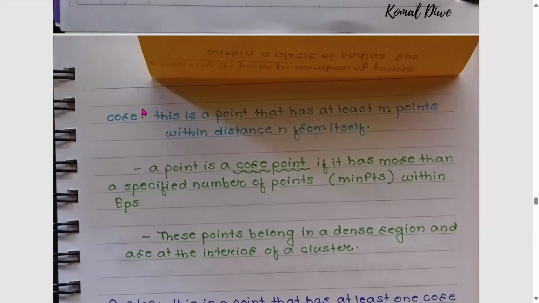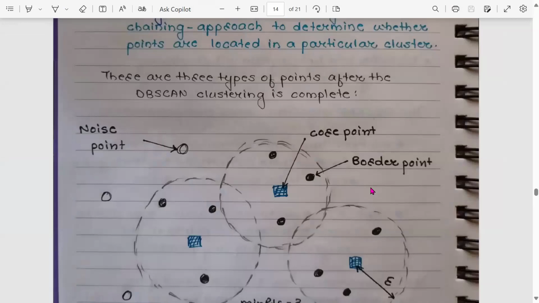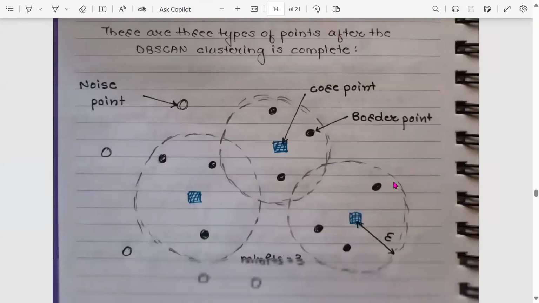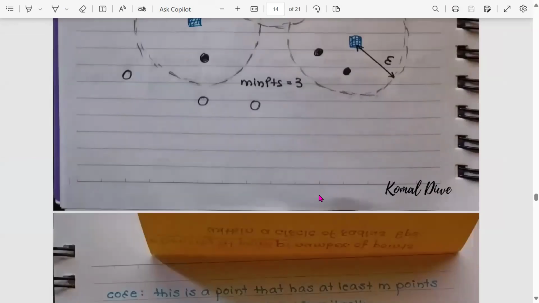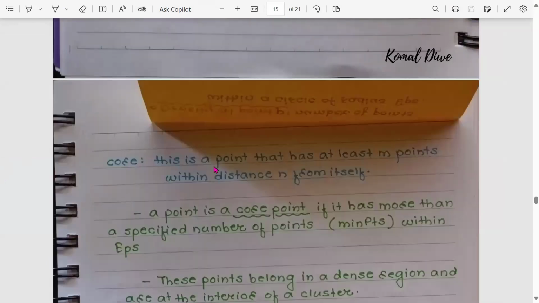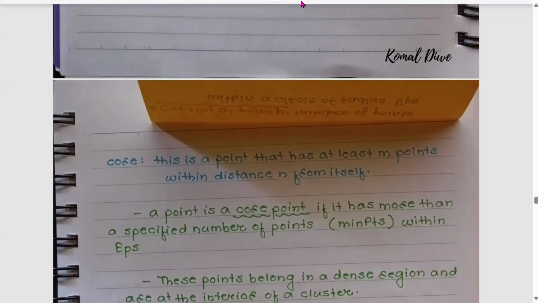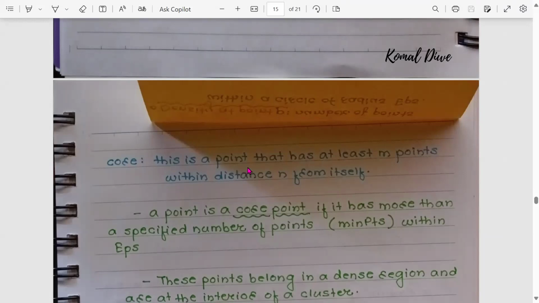Understand the meaning: a core point is a point that has at least m points within distance epsilon from itself.